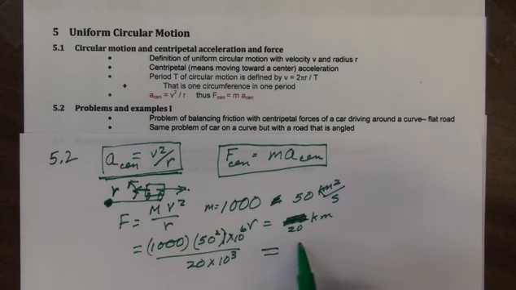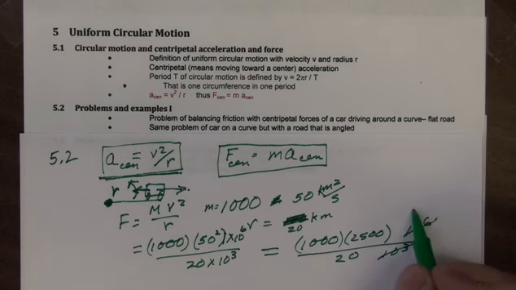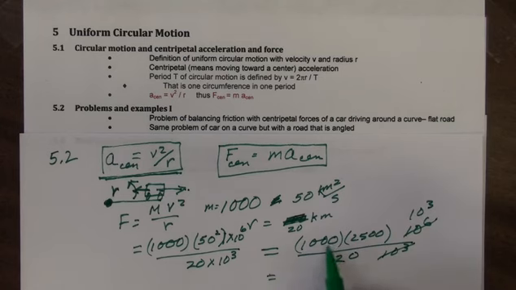And if we work this out, we have 1,000 times 2,500 times 10 to the sixth over 20 times 10 to the third. The 10 to the third cancels part of the 10 to the sixth, giving us a 10 to the third here. And 20 goes into 1,000 50 times. So this would be 50 times 2,500 times 10 to the third.